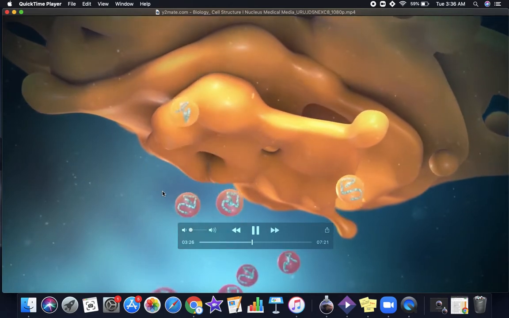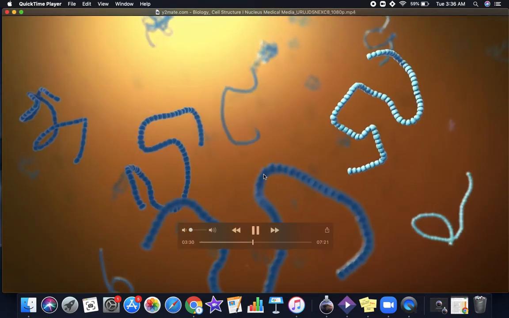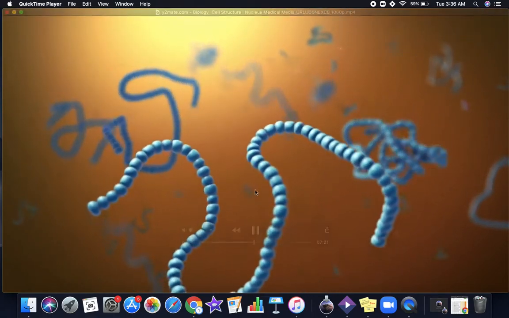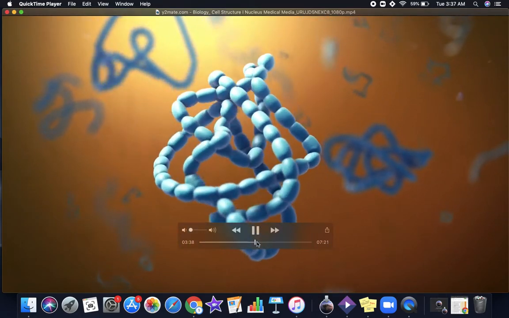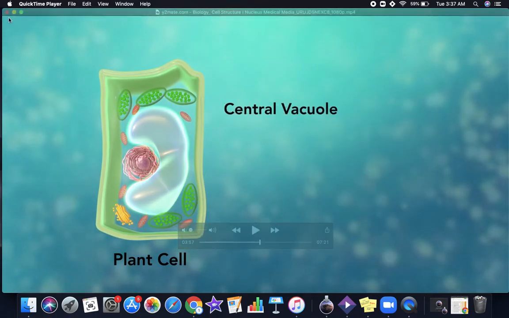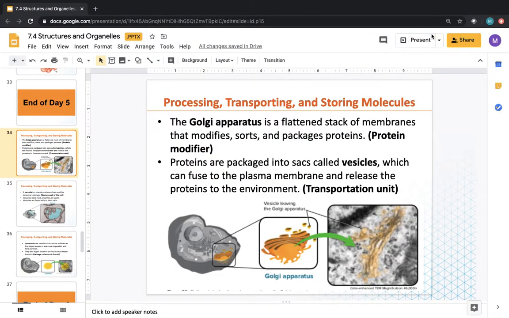So they leave the rough ER and they move towards the Golgi apparatus. Once they are in this area, they are modified and sorted and turned into active forms of themselves. And then after that, they are going to be transported to other parts of the cell. This is an amazing video. Honestly, you guys should go watch it on your own.